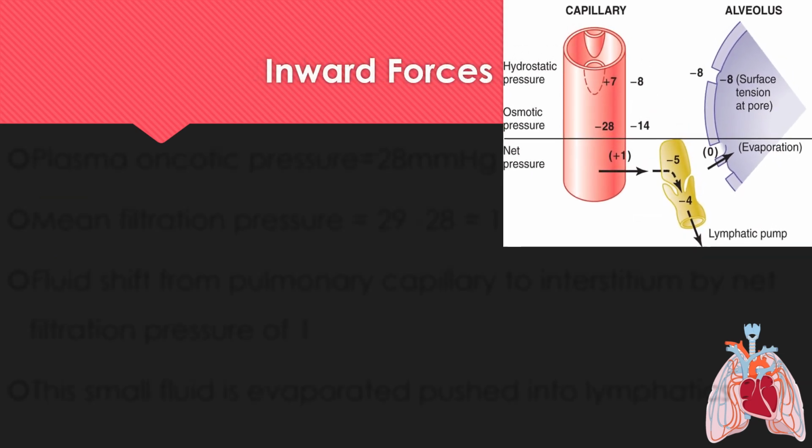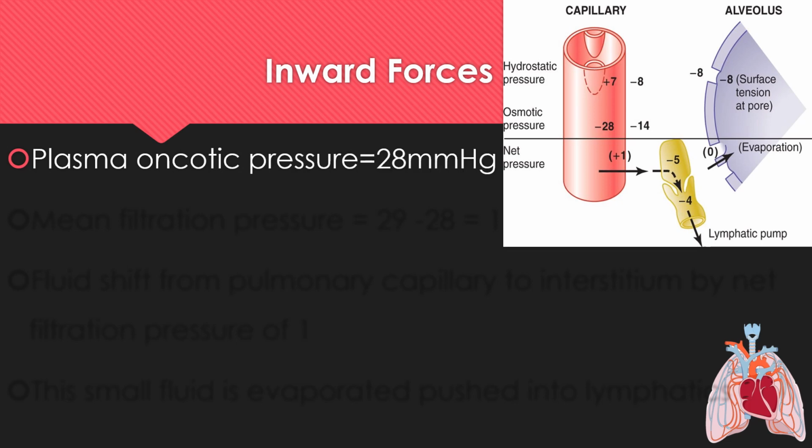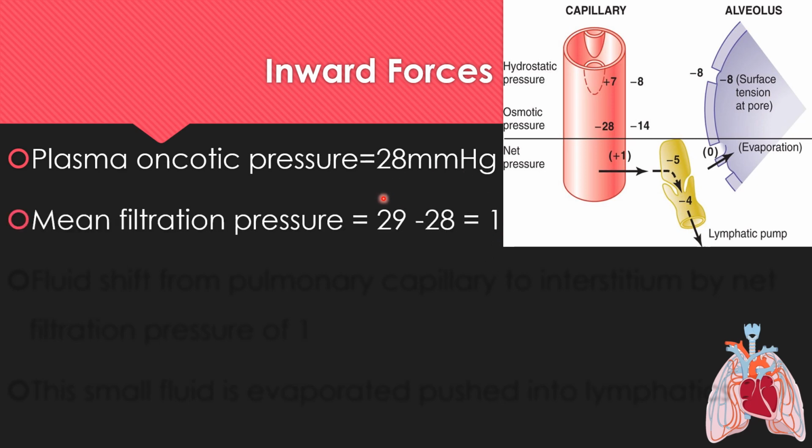And then the inward force is the plasma oncotic pressure, which keeps everything inside. That is only 28 millimeter of mercury. So this is the force which keeps everything inside.